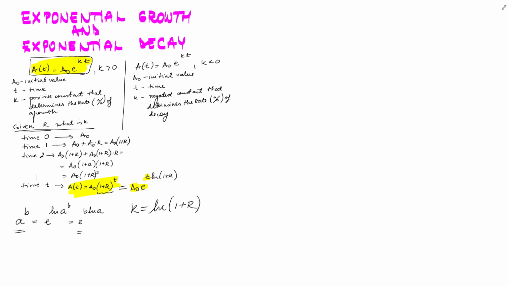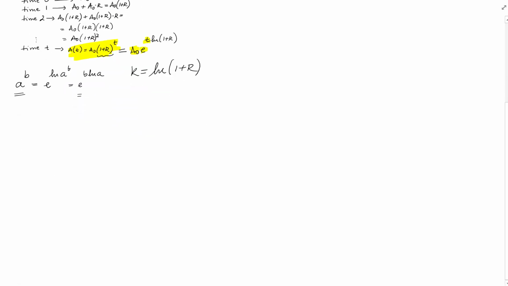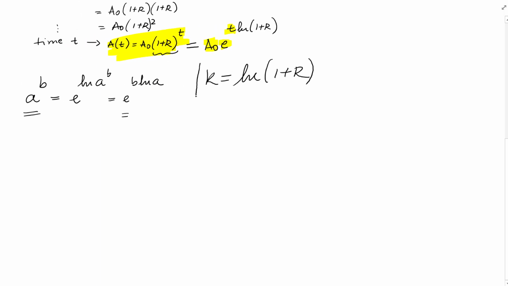What I'm trying to say is, if the problem gives you the rate of increase, don't just plug it into A naught e to the kt, because k and r are two different things, but calculate k as ln of 1 plus r.